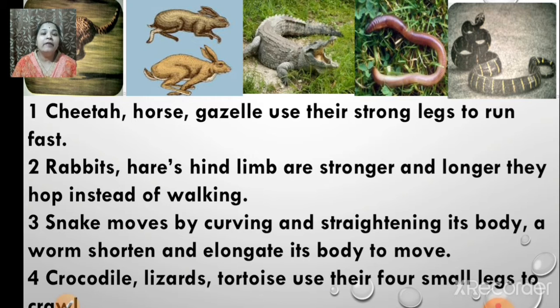They do not have any legs. Now how does the snake move? The snake moves by curving and straightening its body, whereas a worm moves by shortening and elongating its body to move on land.